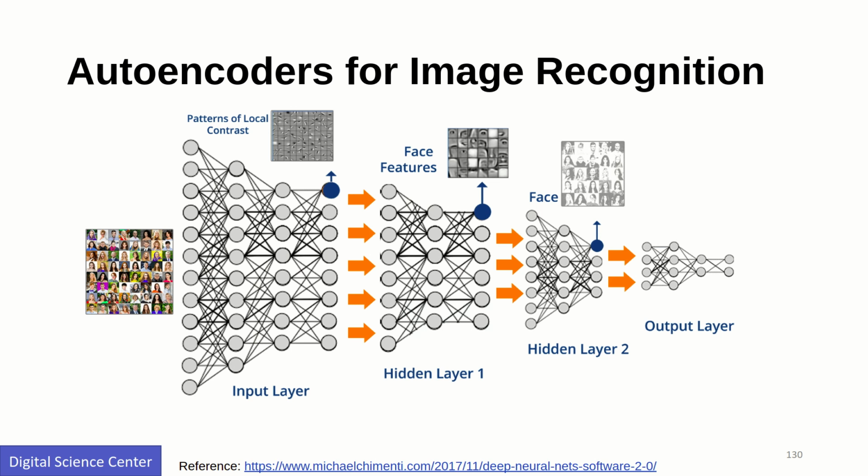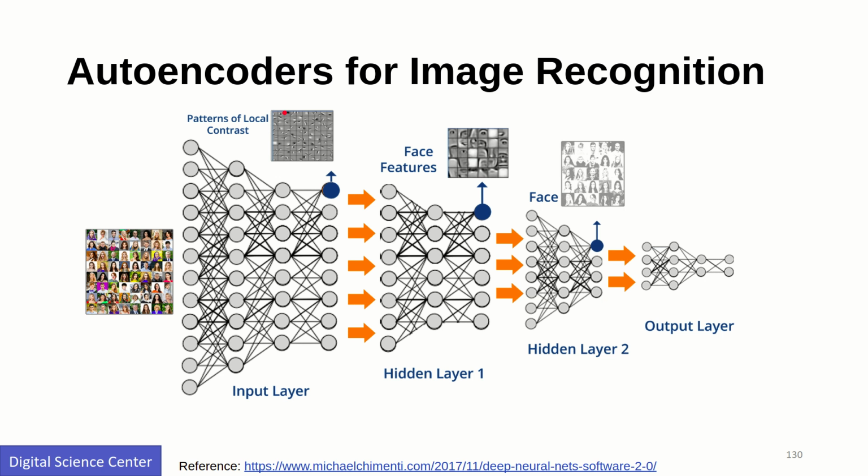Autoencoders are also used for image recognition. In an image recognition problem, when you insert a set of images as input, it tries to extract different sets of features. That's why we put in different hidden layers. From each hidden layer, a specific parameter is understood. From this input layer, it tries to recognize the patterns of the local contrast, so how the contrast distribution is.